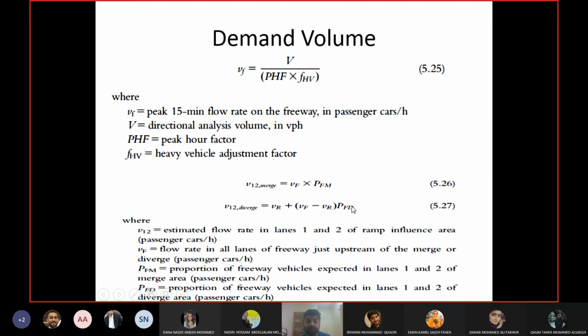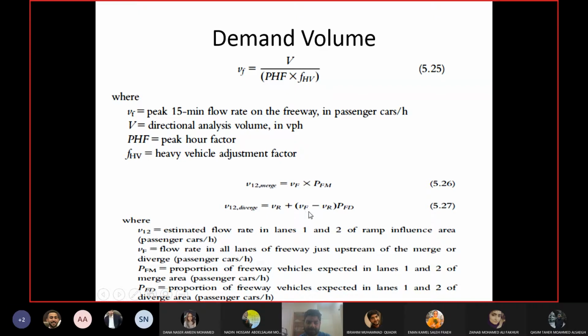Again diverge area meaning the two adjacent lanes 1 and 2. Okay, so obviously the flow on the ramp will be there, right? The people who want to go off the ramp will be in the adjacent lanes, right? We're expecting them to be adjacent to the ramp, okay? This is our expectation, okay?